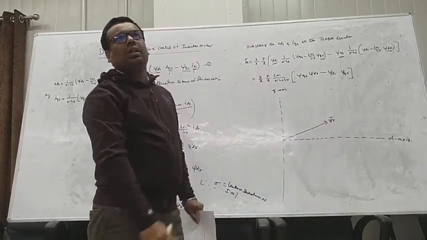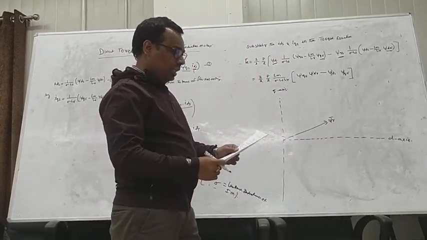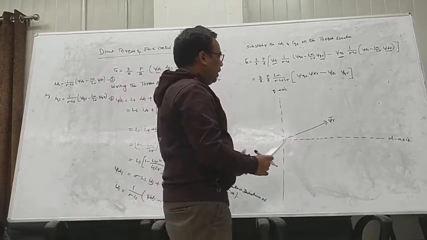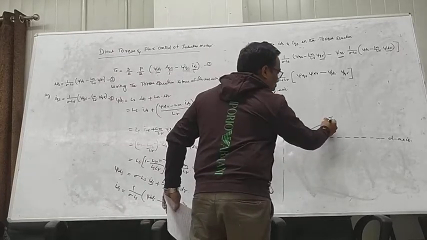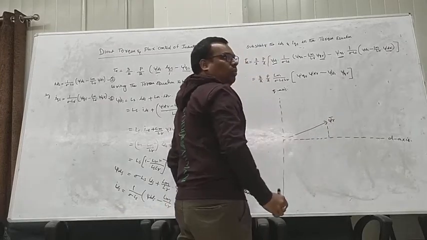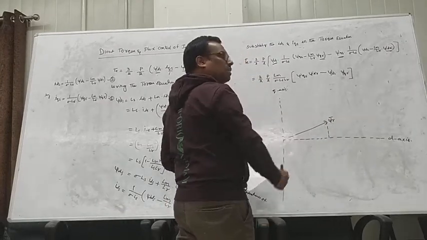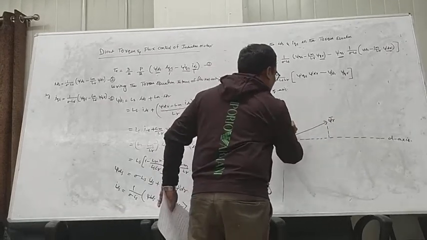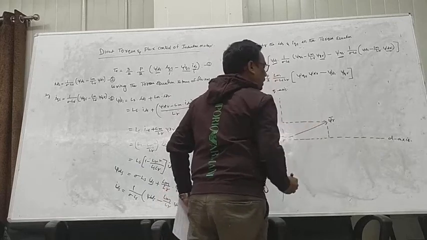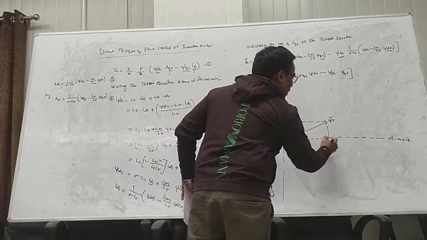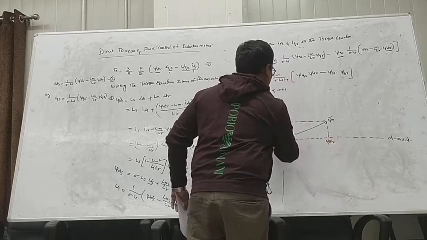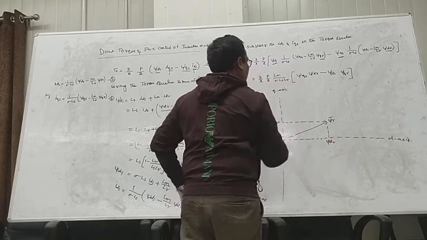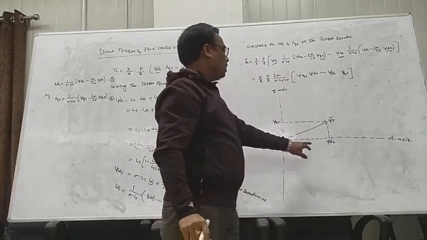It is rotating inside the induction motor. For this flux vector, there are two components: one is the direct axis component, another is the quadrature axis component. This is psi dr and this is psi qr.